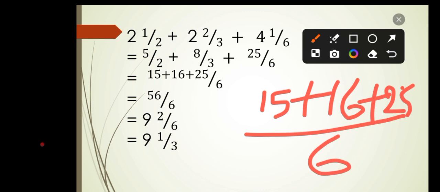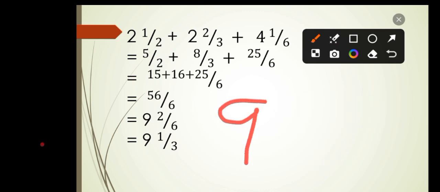All right, the LCM is 6. 15 plus 16 plus 25 will give us 56. That's how we got 56 over 6, the LCM. So how many times will 6 go into 56? 6 will go into 56 9 times. That's how we have 9.